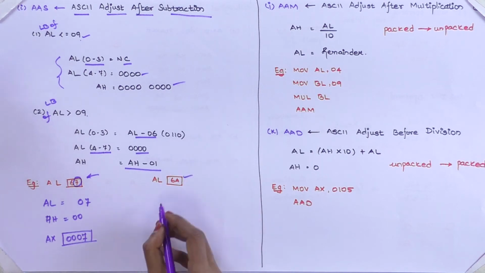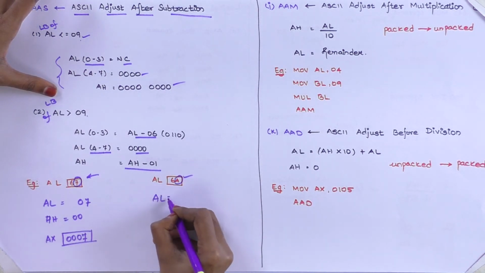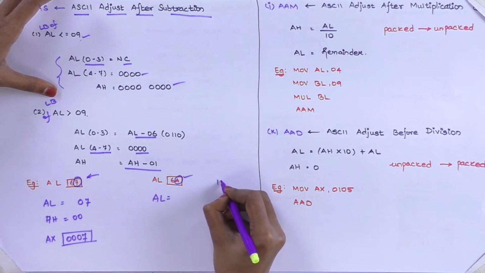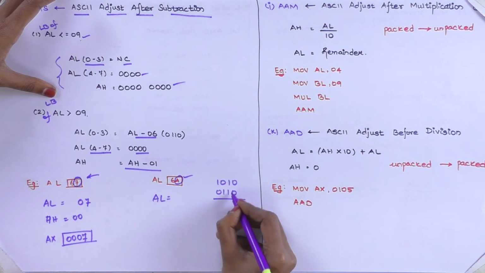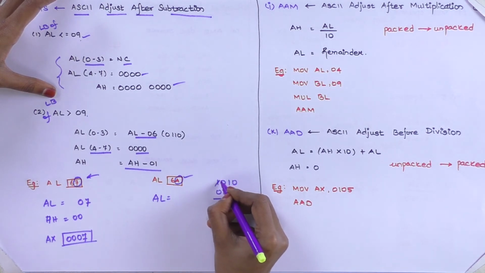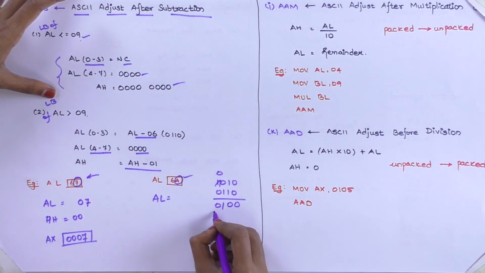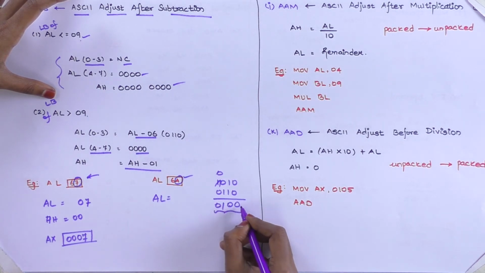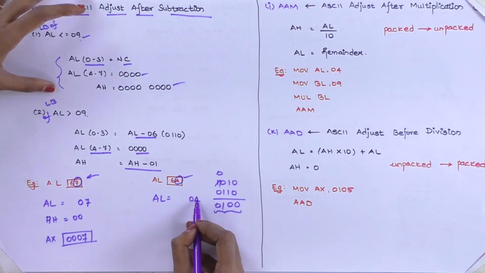So now consider this case. Here A is greater than 9. So what will happen to the AL value? In AL, 6 will be subtracted. Okay. So what will you get? You will get 0100. So 04 will be in AL.